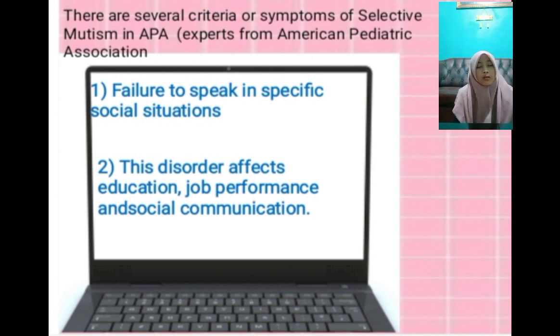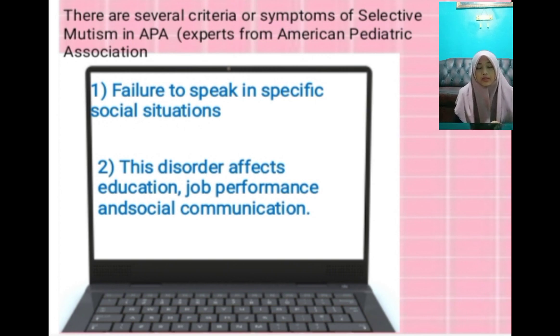For example, speaking fluently at home or with the closest friend. Second, this disorder often affects education, job performance, and social communication.